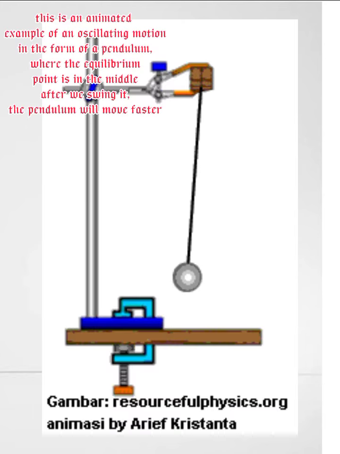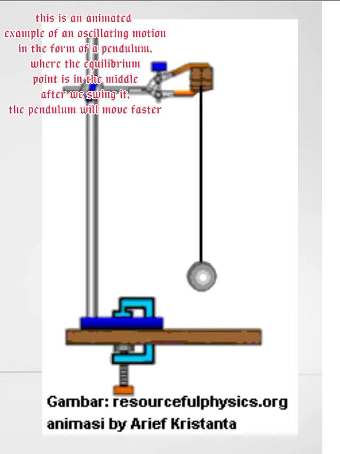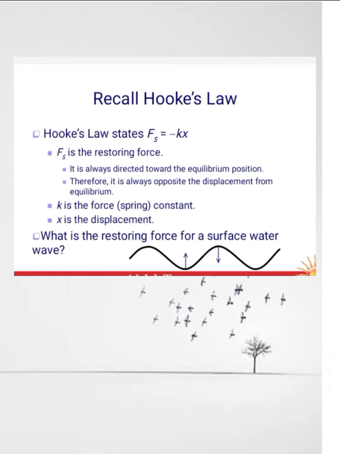This is another example of an oscillatory motion. Recall Hooke's law. Hooke's law states F_x equals minus kx. F_x is the restoring force. It is always directed toward the equilibrium position.